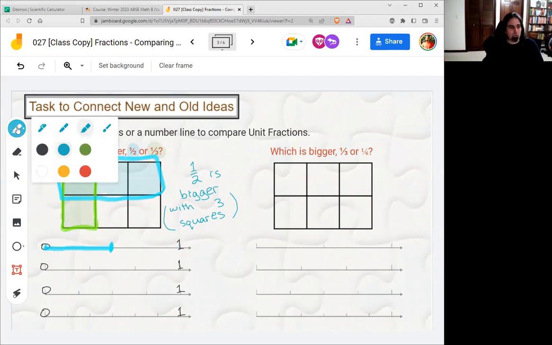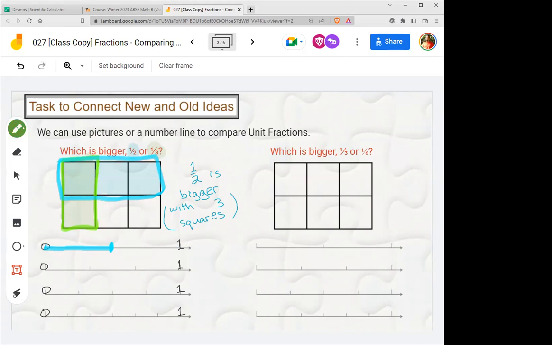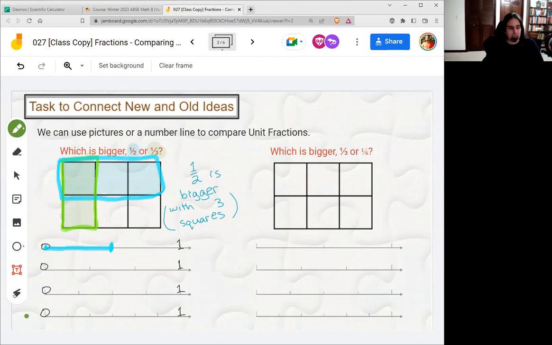Which one is a third? It's this one. This is a third because three of them, 1, 2, 3, gets me all the way across.